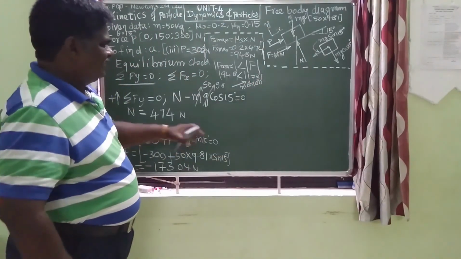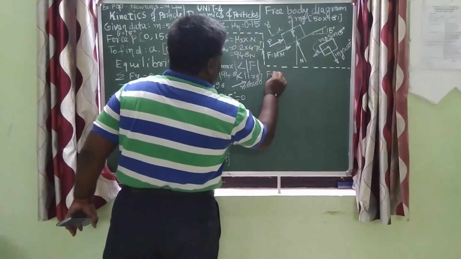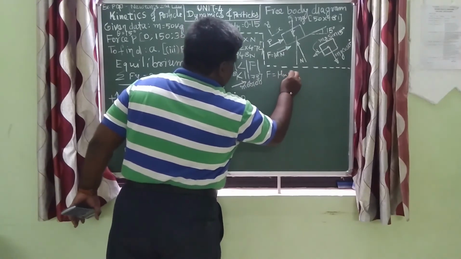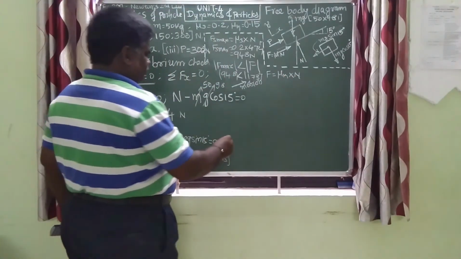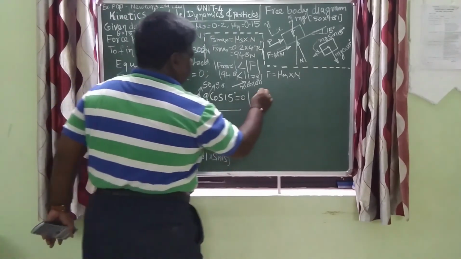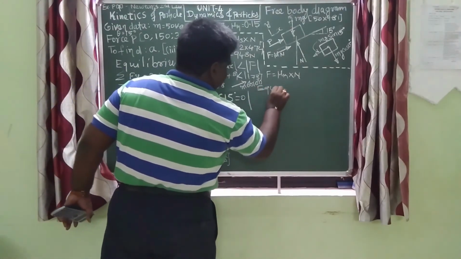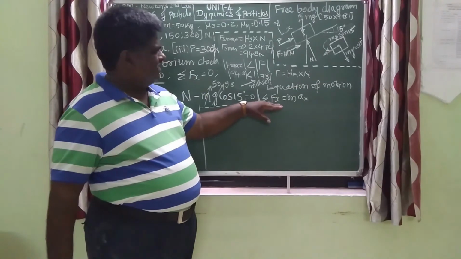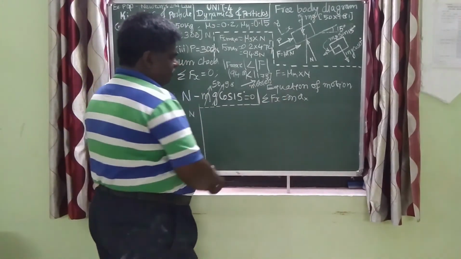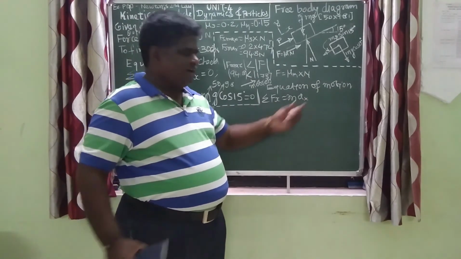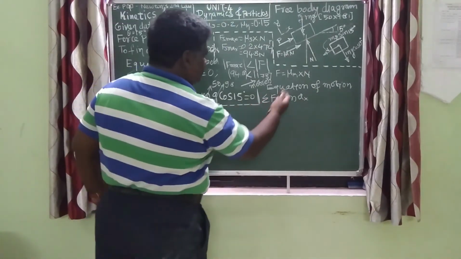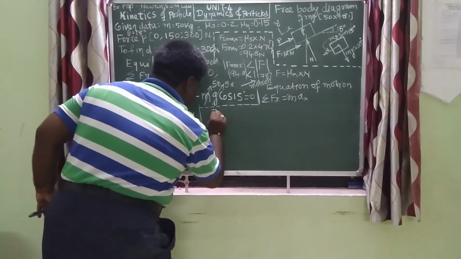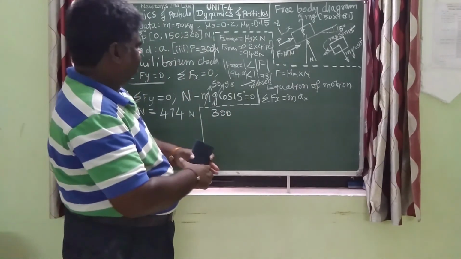So apply that. The frictional force is now the kinetic friction coefficient and reaction force. Now write down the equation of motion along the x direction. The summation of Fx equal to mass into acceleration in the x direction. In the x direction, the external force acting is 300.